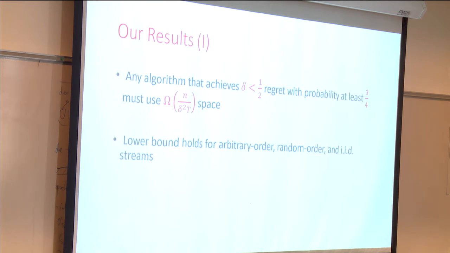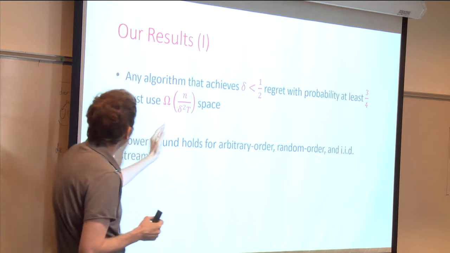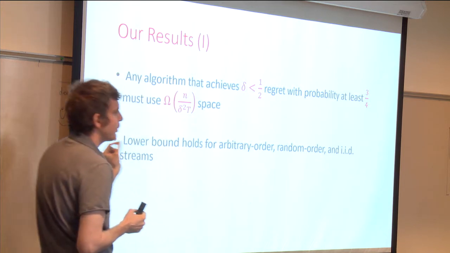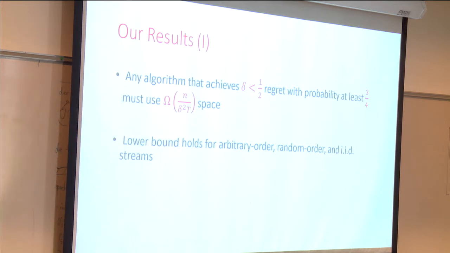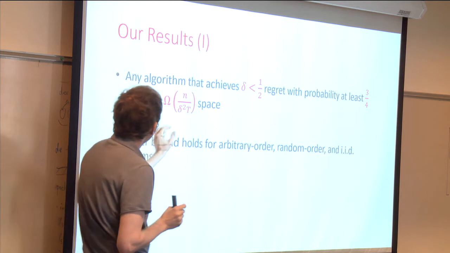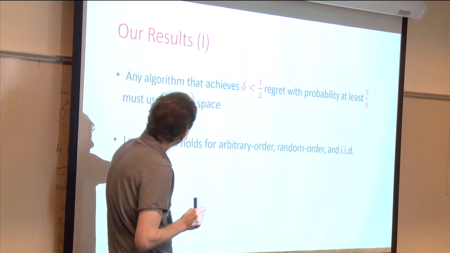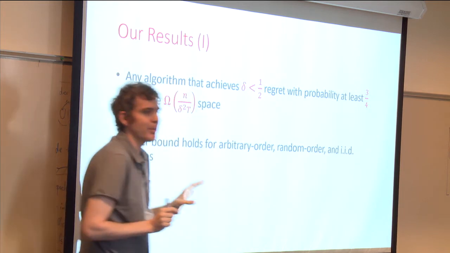Okay, so let me put this into context. So remember we said offline, the best possible regret delta was square root 1 over t, up to log factors. And so if you want to get the information theoretically optimal regret, then you need omega n memory.